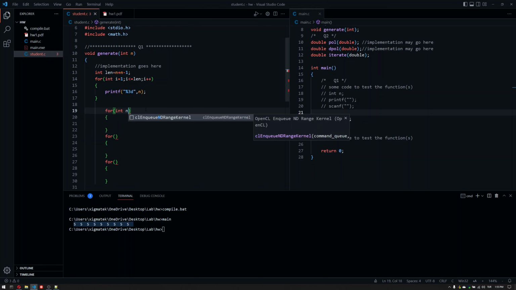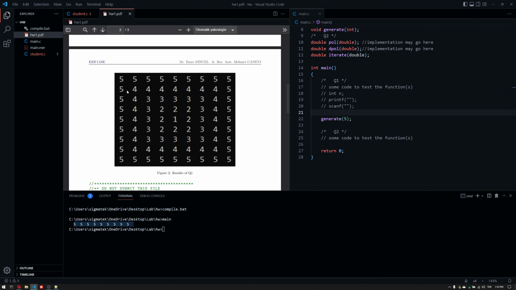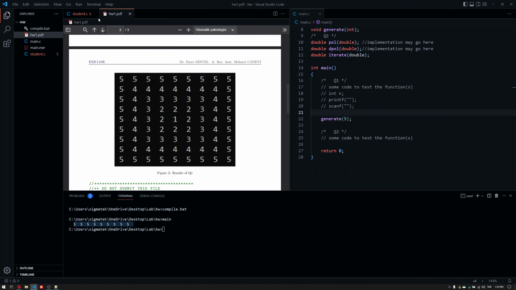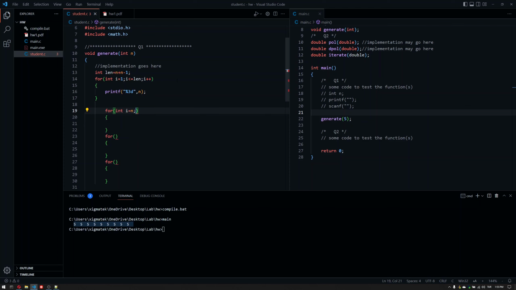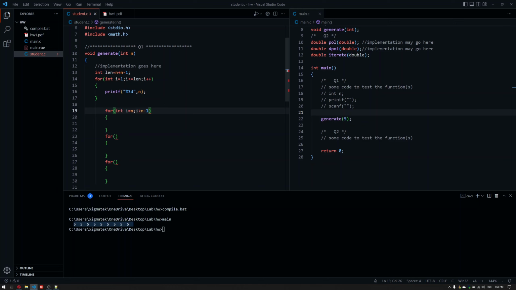I want to start with i equals n, because it would be 5 in the second row. And then it should decrease. So let's write this like n, maybe n minus 1, I guess, because n is 5, so n minus 1 would be 4.